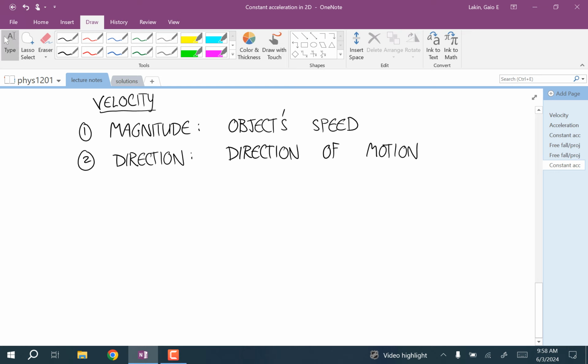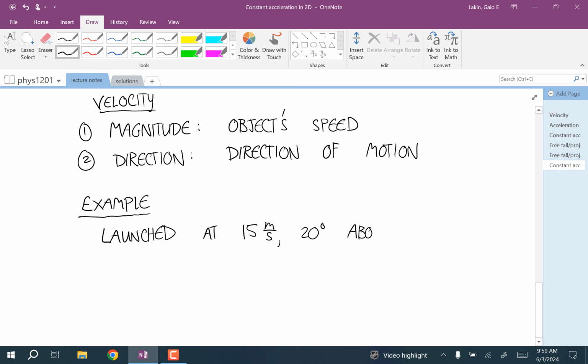Okay, so let's do an example to calculate the components of a velocity vector. Let's say that we have this object that's launched at 15 meters per second, 20 degrees above the horizontal.